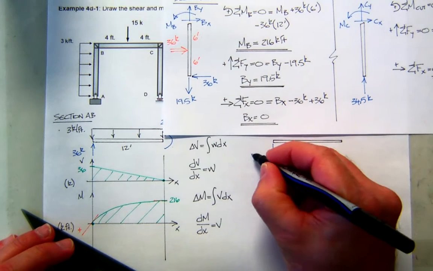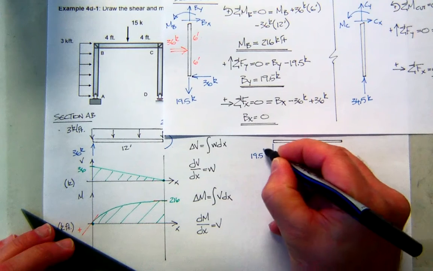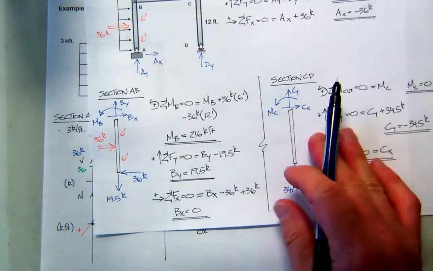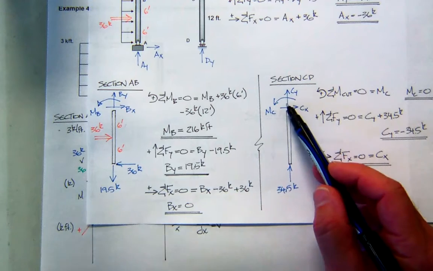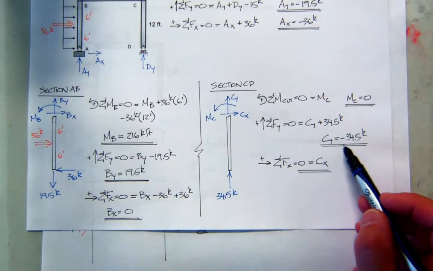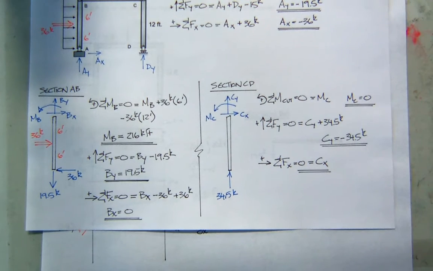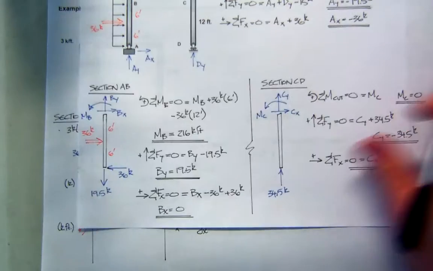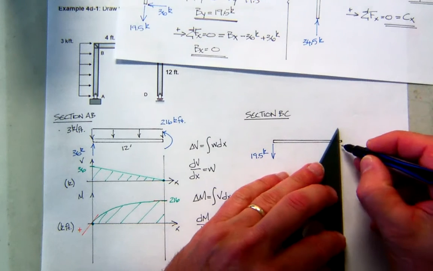BY, that's 19.5 kips. And then I go over here and look at C. I can't really see it. If I look at CY, all right, what did I find CY to be? Negative 34.5, right? So that means it was down here, which means it's going to be up over here.